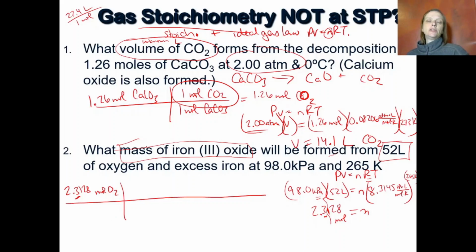I'm sorry, we've done the same balanced equation in a previous example, and so I failed to balance it for you here. The balanced equation is 4Fe plus 3O2 makes 2 iron 3 oxides. So as you can see, for every 3 moles of oxygen we use, we produce 2 moles of Fe2O3.